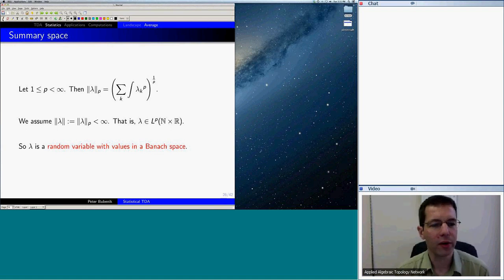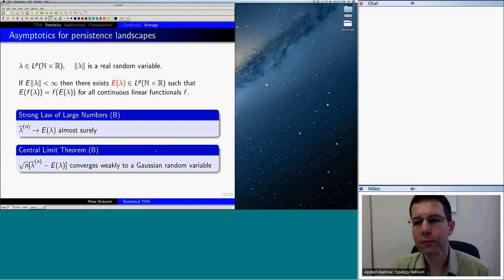So let's go back to a little bit of theory. We think of these persistence landscapes as living in an Lp space, and random variables we can think of as random variables with values in a separable Banach space. And that's for developing the theory.